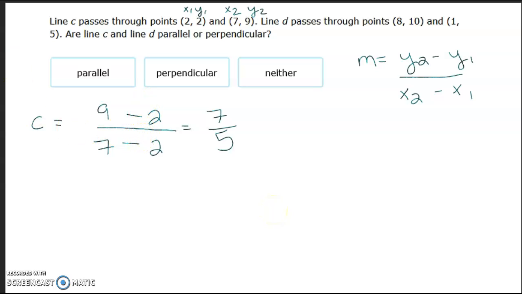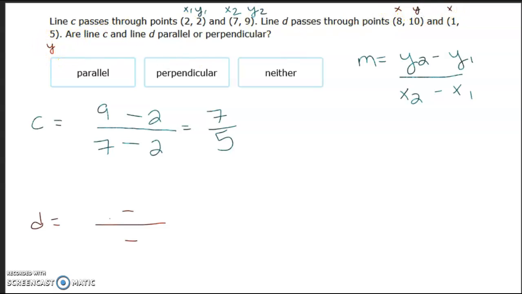So let's go ahead and try, I'm going to choose a different color. Let's try line D. Okay, I'm going to set up my equation with my minus signs because I always forget them. So I will do x and y, x and y.